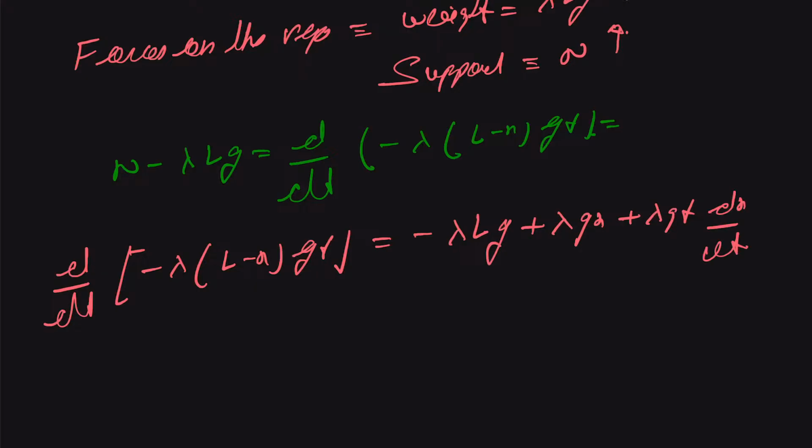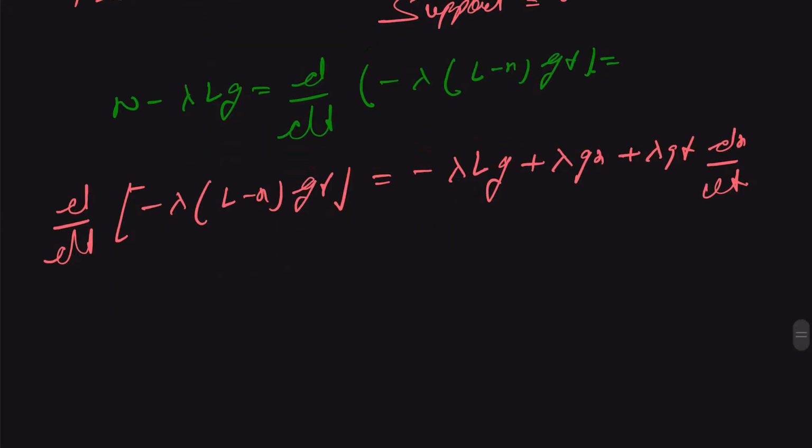We substitute the value of x we already know, that is x is equal to g t square by 4. So dx by dt will be equal to g t by 2.